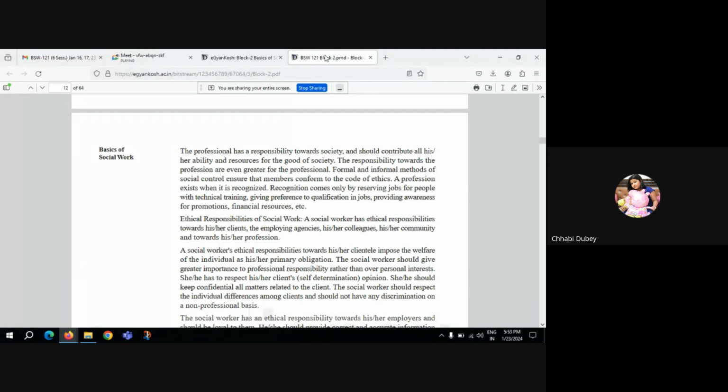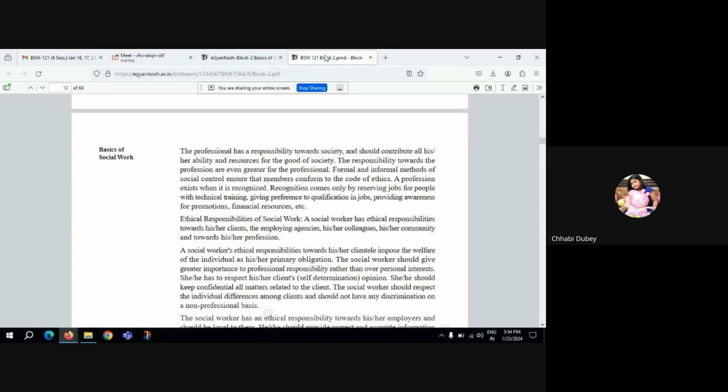A profession exists only when it is recognized, and recognition comes only by reserving jobs for people with technical training, giving preference to qualification in jobs, and providing avenues for promotions, financial resources, etc. The ethical responsibilities are towards the clients, the employing agencies, the colleagues, the community, and towards his or her profession.